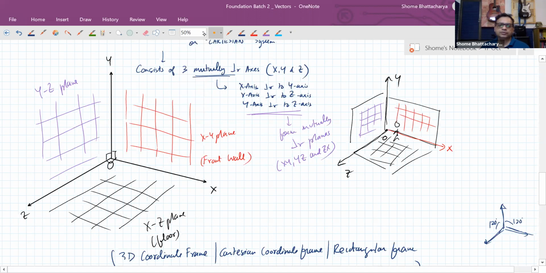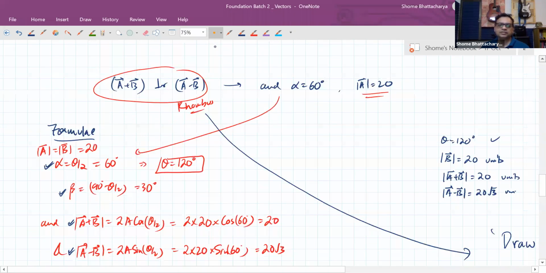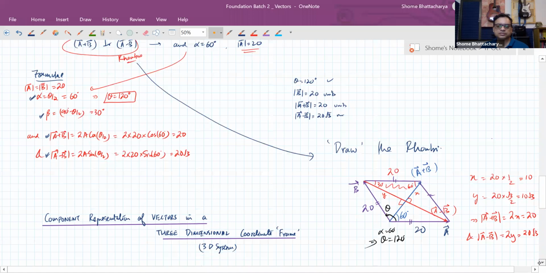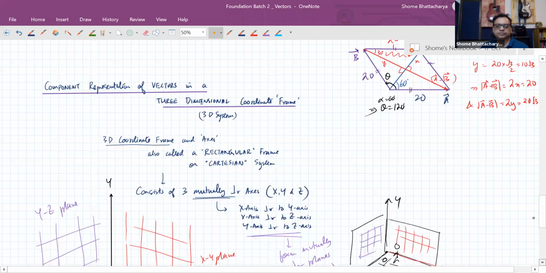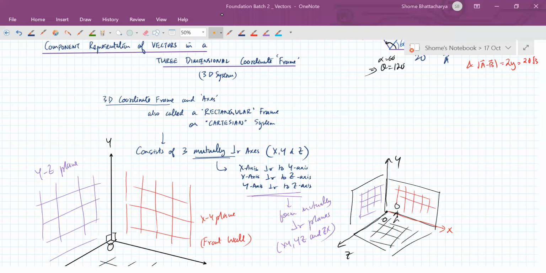Then next up we will look at how to represent a vector in this kind of system. But before representing a vector, we have to understand what a three-dimensional system itself is. So this is what a three-dimensional system is. So make a note of this part, please.